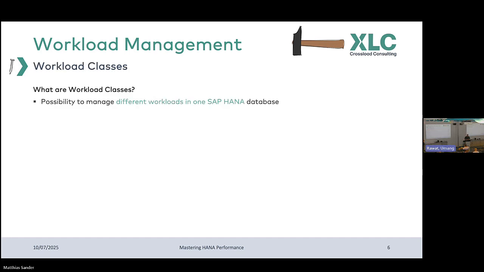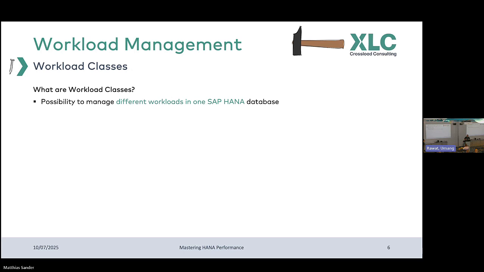So what are workload classes for? It's a possibility, as I said, to manage different kinds of workloads if they're running on the same HANA system. Most of you have an S4 system running somewhere, or other SAP systems, but it's not just running one application or one business process there. There are different processes.